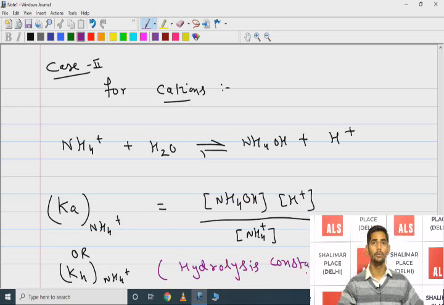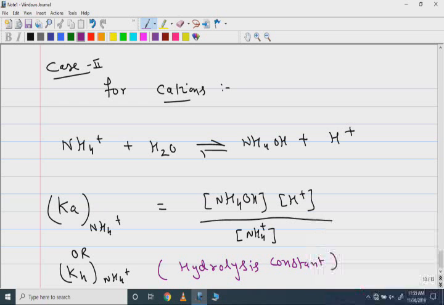Remember, there is not much difference between the hydrolysis constant and the Ka and Kb. Whenever water is involved, the Ka and Kb become the hydrolysis constant, and that can be represented with the help of KH. Please copy this one.